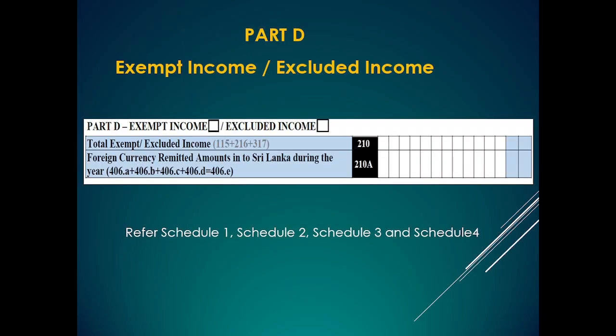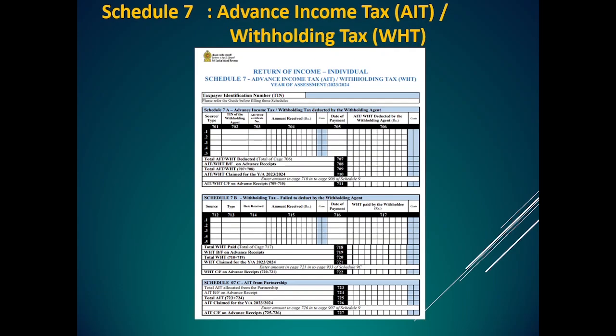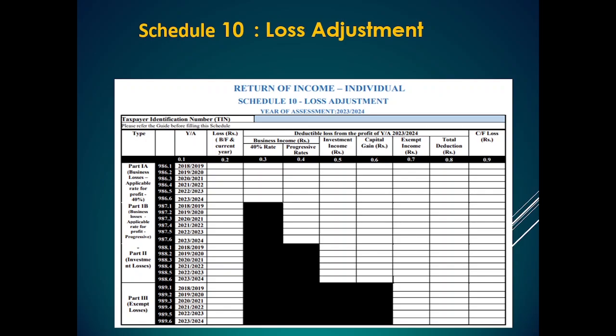In your income tax return, Part D is the exempt or excluded income. You may refer to Schedule 1, 2, 3 and 4 in filling this cage. Other schedules are Schedule 6, withholding tax on final withholding tax payment, Schedule 7, advance income tax or withholding tax, and Schedule 10, loss adjustment schedule.